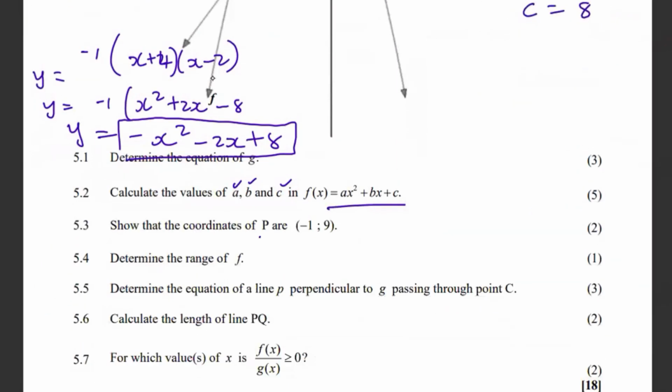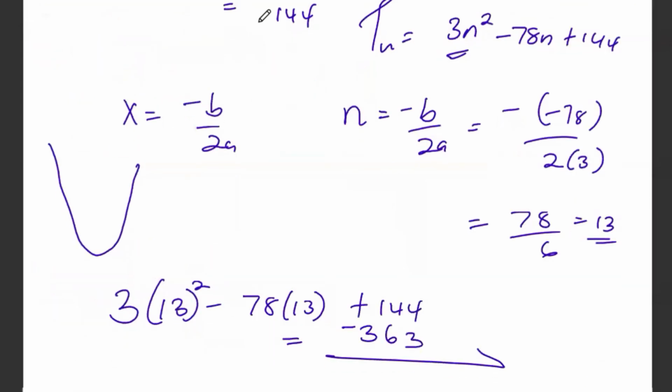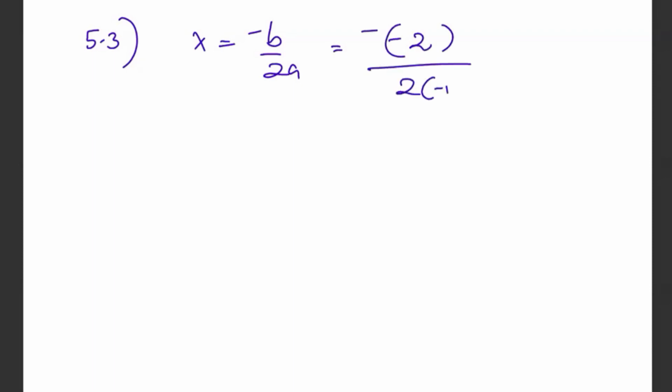Then can we show that P is negative 1 and 9? Remember, P is the turning point. So for us to get the turning point, remember x must be negative b over 2a. Our b, we said it's negative 2, so it's negative of negative 2 over 2 times our a, negative 1. So that is 2 over negative 2, which gives us negative 1.